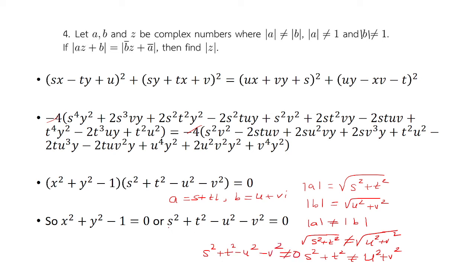Okay. So this actually does not equal 0 based off this condition right here. So really, this factor is going to equal 0 only when x squared plus y squared minus 1 equals 0. So in other words, only when x squared plus y squared equals 1.